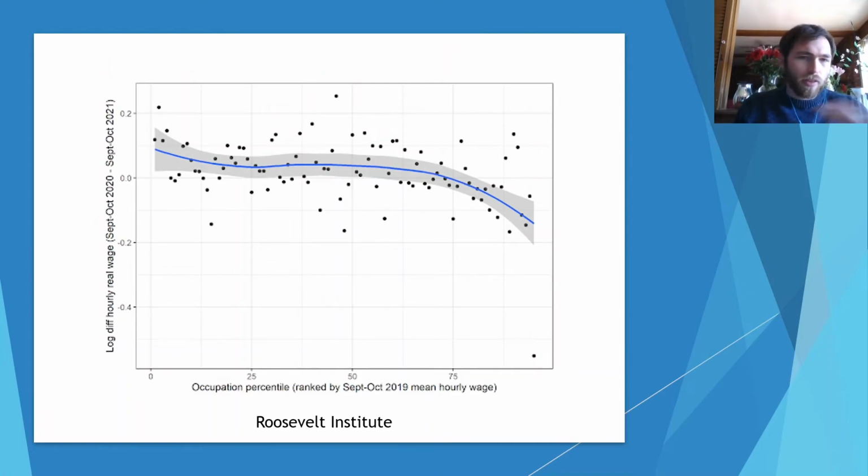Further left is people who are at the low end of that earnings percentile. People on the right are on the high end. And the zero line is right there. And you can see that the vast majority of people up to the 75th percentile, on average, are seeing increases in their real wage. And this kind of makes sense.